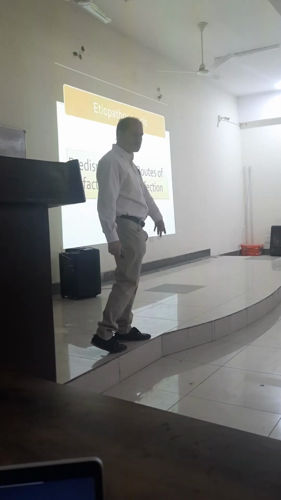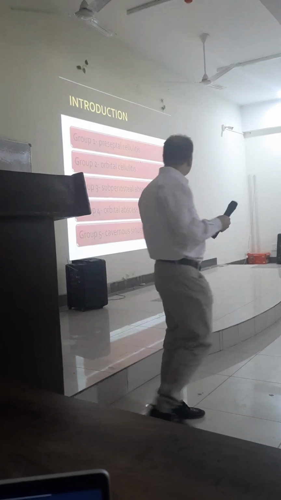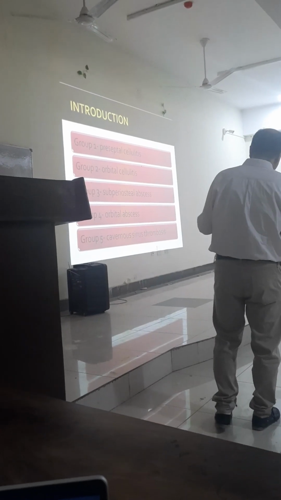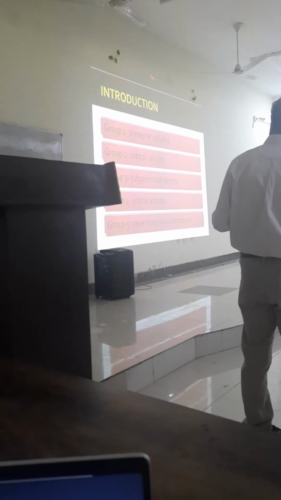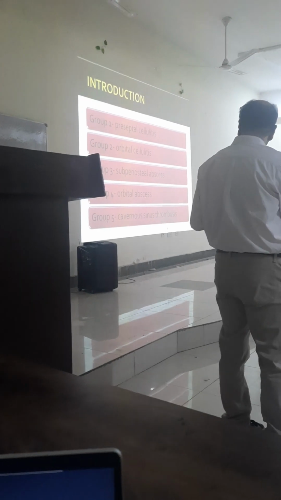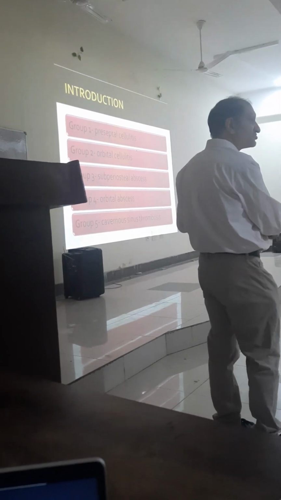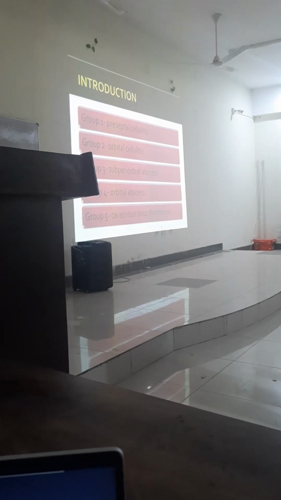Almost I taught you everything. Just I will revise it. If I have missed this one classification, I told you preseptal cellulitis, orbital cellulitis, subperiosteal abscess, orbital abscess, and cavernous sinus thrombosis. This is not a classification in the strict sense.